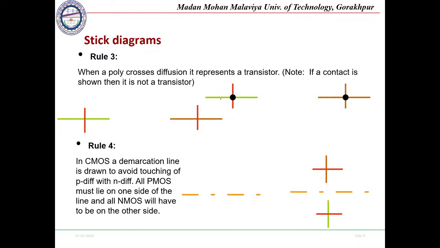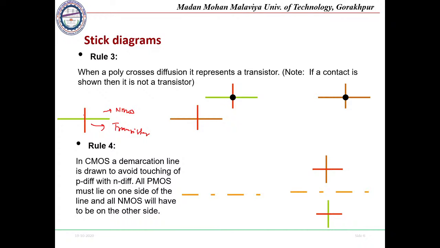If this n diffusion is crossed by polysilicon, that crossing represents a transistor, and it will behave like a transistor. Which type of transistor? Because the n diffusion region is there, it is n-type, that is an NMOS. So once a green color line is crossed by a red color line, it shows an NMOS transistor.